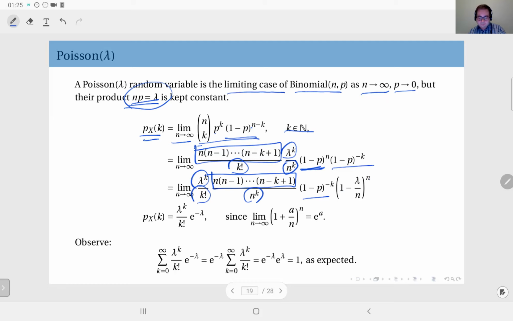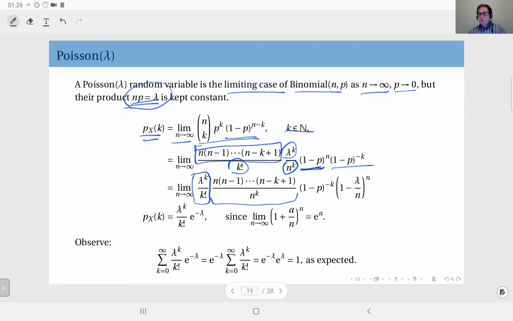Now observe each of these. Lambda to the power k divided by k factorial is independent of n, so it will stay constant in the limit. The second term, the numerator is a polynomial in n with degree k, because I have k terms in the numerator all multiplied, and the leading coefficient is 1.